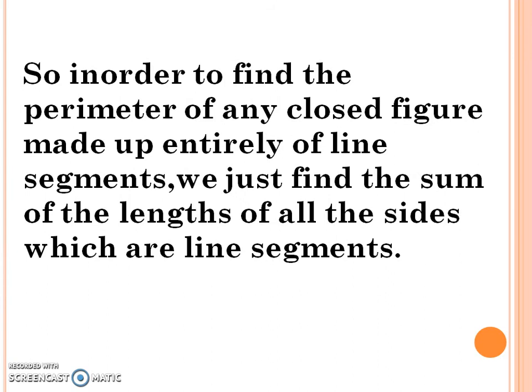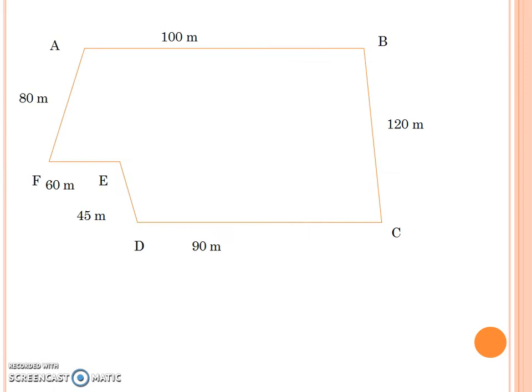In order to find the perimeter of any closed figure made up entirely of line segments, we just find the sum of the lengths of all the sides. Now here I have a figure on the screen, named A, B, C, D, E, F, and the length of each side is given to you.